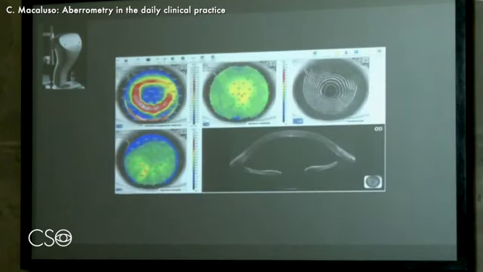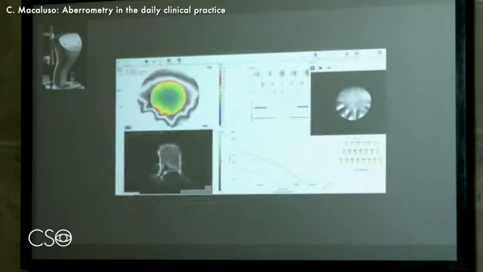This is another case that looks pretty bad. You see how terrible the circles of the Placido disc are. It's due to an old radial keratotomy. But if we go to the optical quality of vision, the central aberrations are not that terrible.